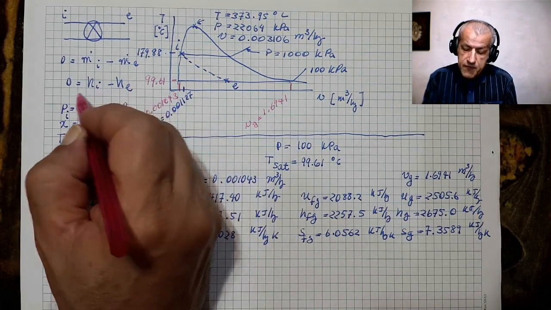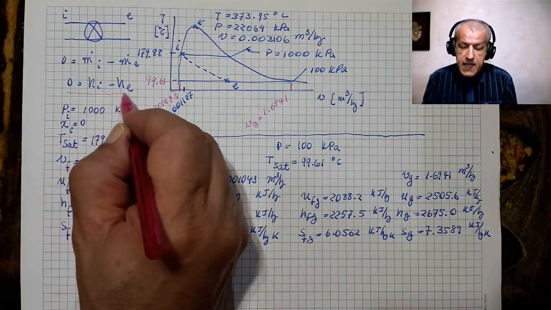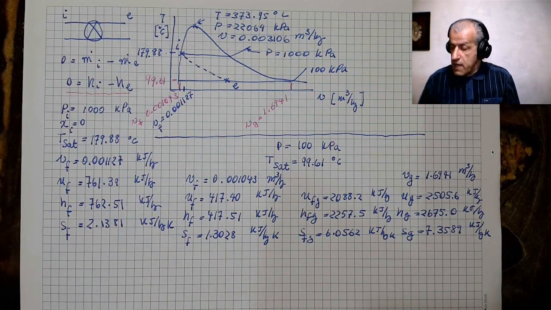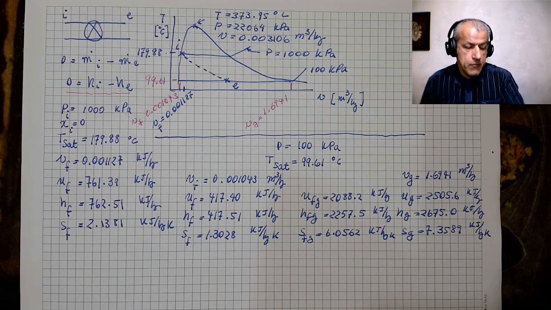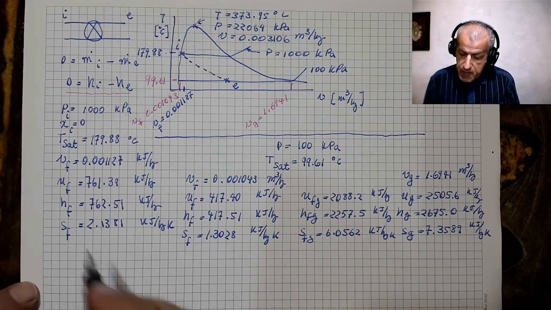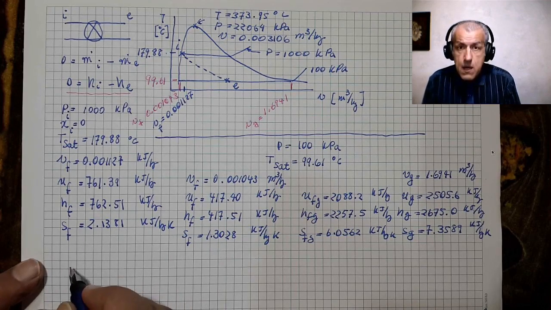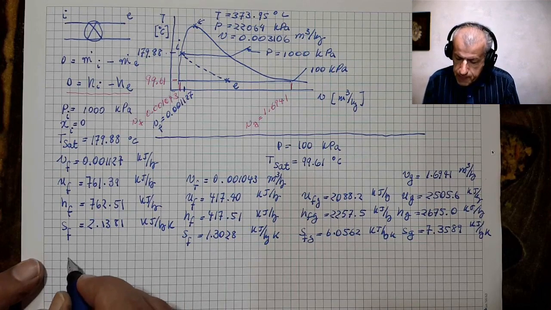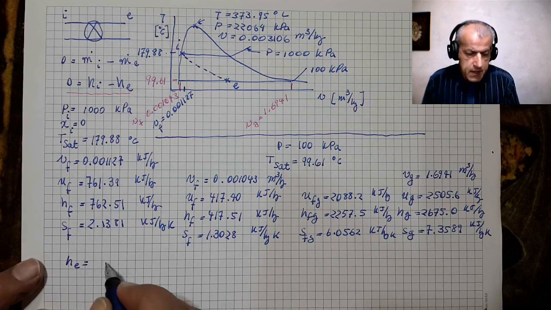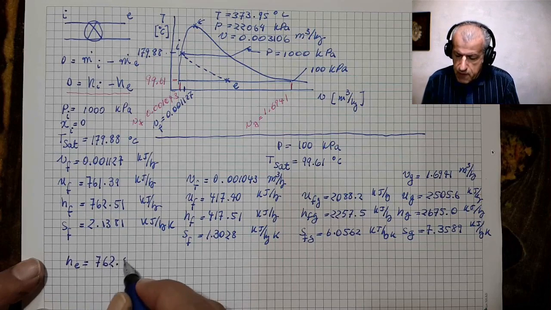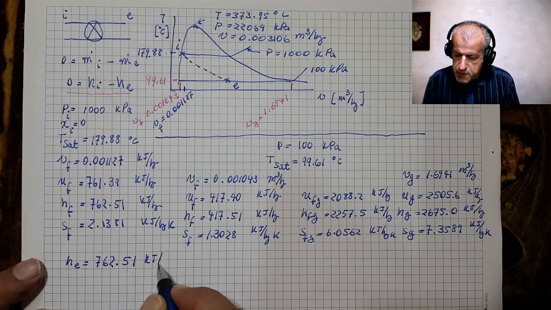And what we have from point E is that HE equals HI. So as far as point E is concerned, with the assumptions that we just talked about, HE equals 762.51 kilojoules per kilogram.